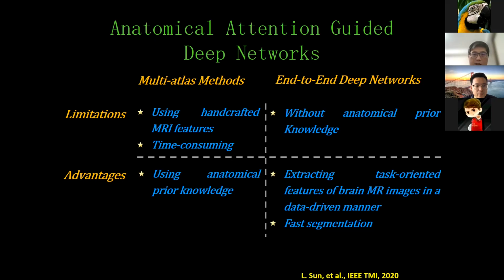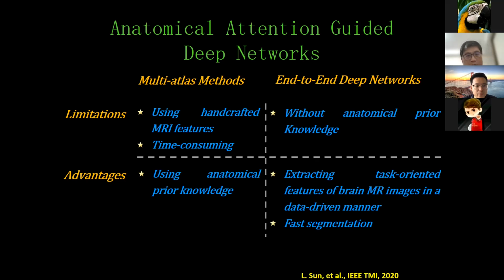On the other hand, deep network-based methods cannot use the anatomical prior knowledge, but their advantage is they can extract texture-oriented features of brain MR images in a data-driven manner. And usually, for those methods, the segmentation speed is very high.